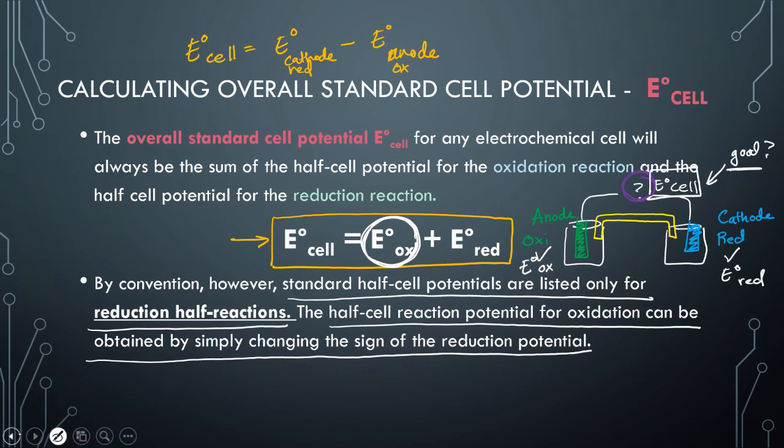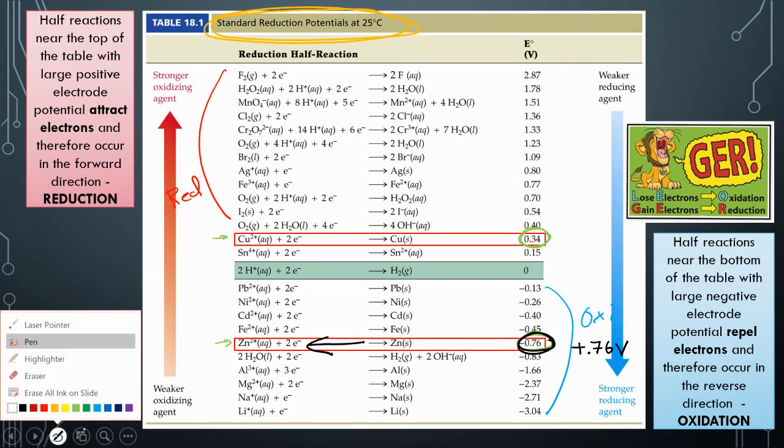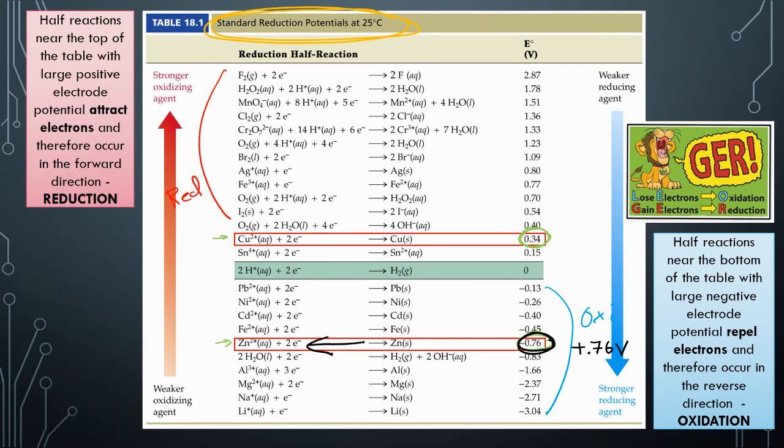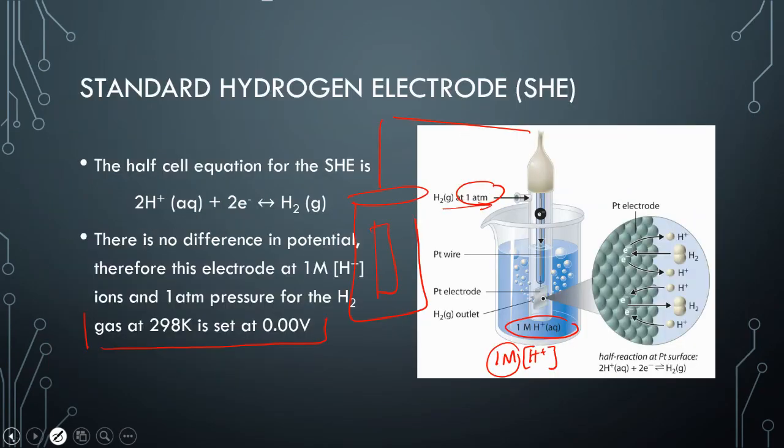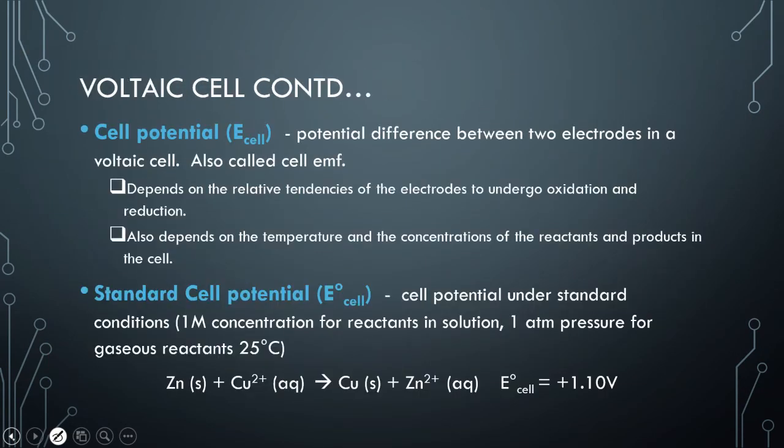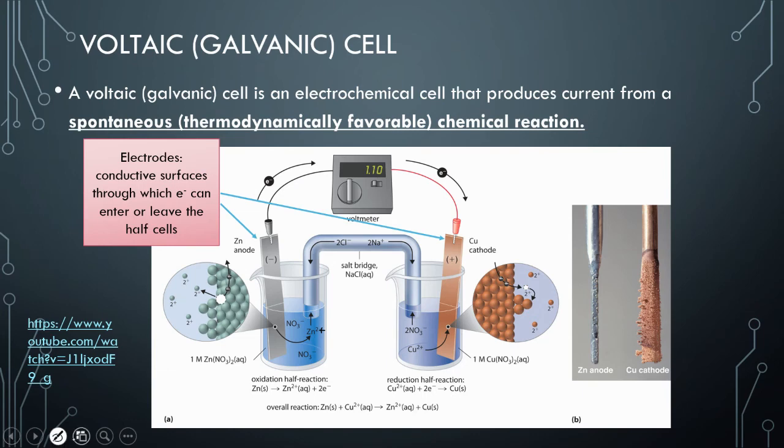All right. Now, let's actually take those values and go back to our galvanic cell. So I have 0.34 for copper being reduced and 0.76 volts positive for zinc being oxidized. If it's negative for reduction, positive for oxidation. I want to go back to our very first cell, right here.